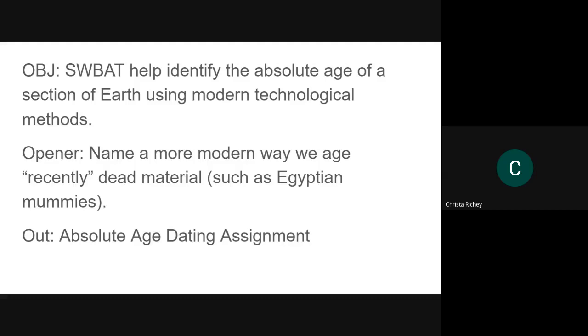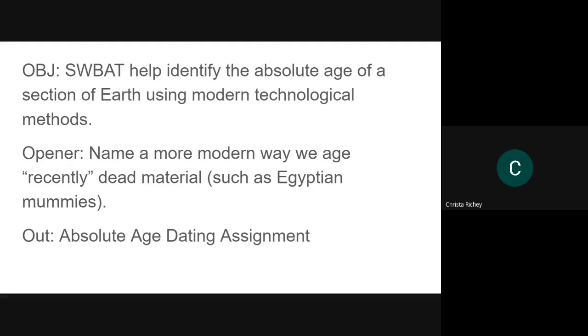If you have viable tissue, so what we think of as a mummy, whether it be Egyptian or Aztec or the bog mummies we talked about yesterday, there's actual tissue that we can run through one of these machines, which is about the size of this desk. These mass spectrometers, and we can determine how much of a specific radioisotope, in this case, would be carbon-14.